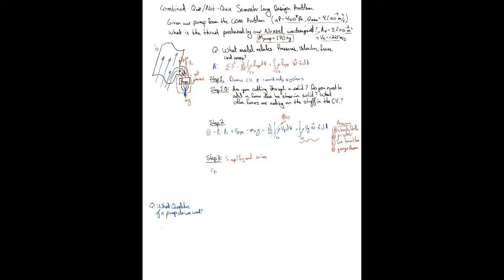our first entrance. So we're going to call the top one 1, the bottom one 2. So for our top one, we have a rho water times a V1, which is negative because it's going in the negative direction.